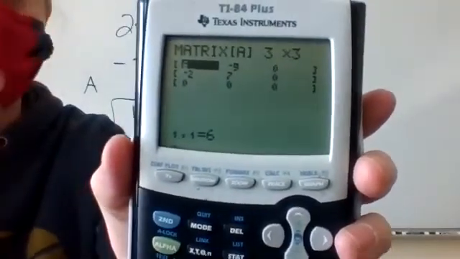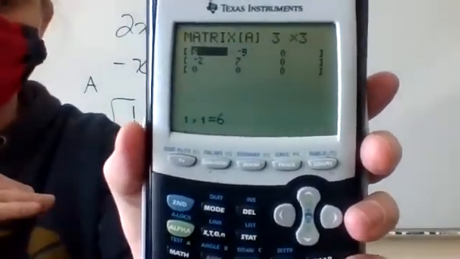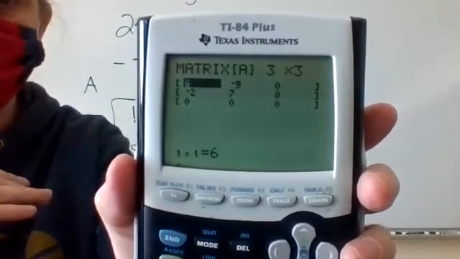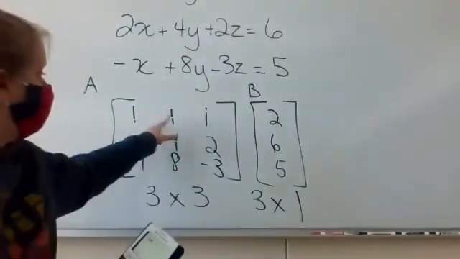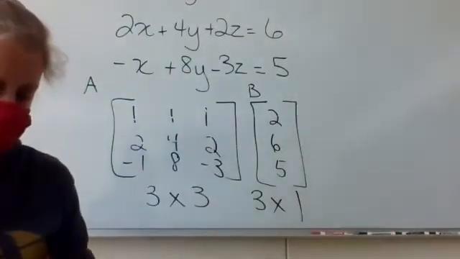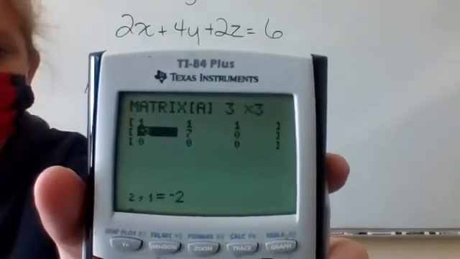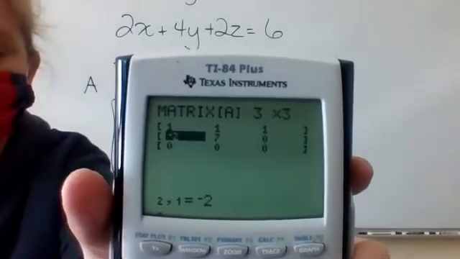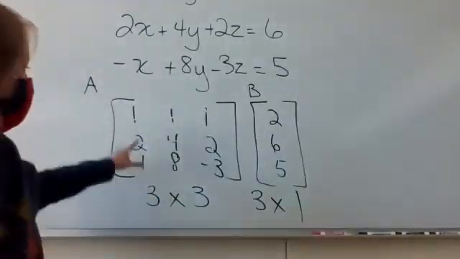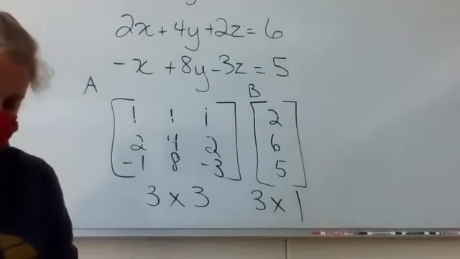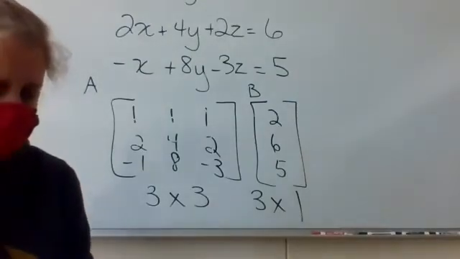Now I just need to, just like always, fill in my numbers. So my first row will be 1, 1, 1. So just type in your first row, all ones. Second row will be 2, 4, 2. So 2, enter, 4, enter, 2, enter.